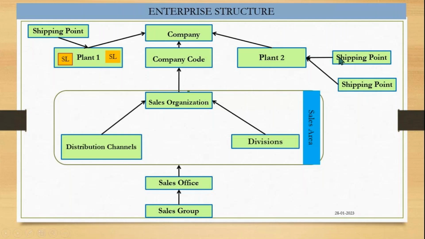For inbound goods coming to our plant, we call it a receiving point. This is a shipping point and the goods receiving point. Goods receiving point, we'll define it. But usually the MM module will create the goods receiving point because they take care of inbound deliveries mostly.